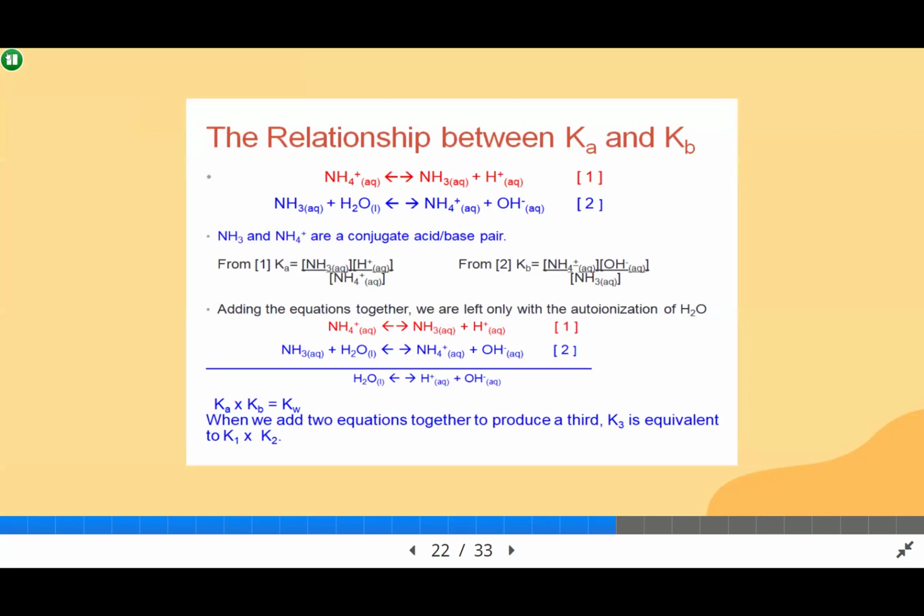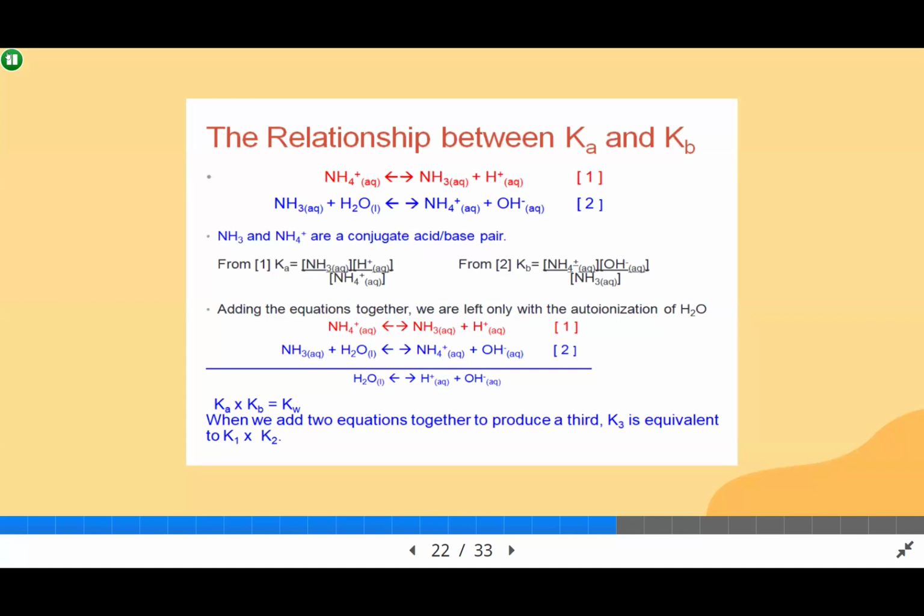So recall that NH3 and NH4 plus are a conjugate acid-base pair. We have our two equations here, one for the acid, NH4 plus dissociating into NH3 and H plus, and then NH3 plus H2O reacting to form NH4 plus and OH minus. We write out our K expressions for equations 1 and 2 as follows.